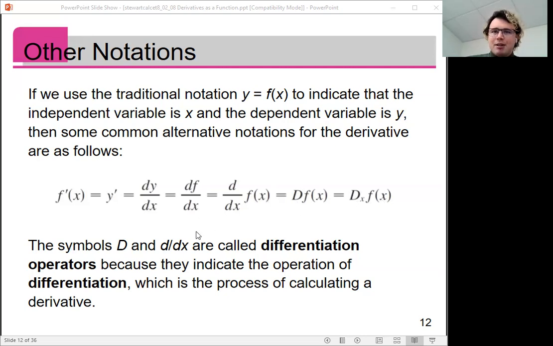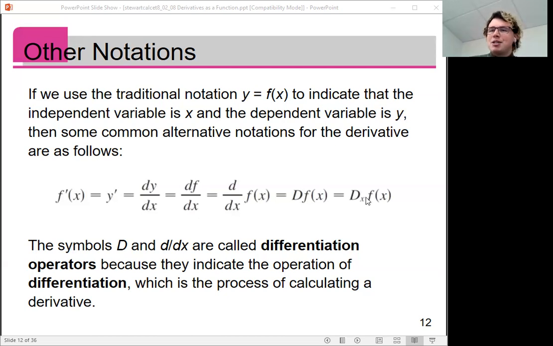The reason I like the d on dx better is because the dx tells me what variable I'm using for my function. It has to match the function that I'm giving to the operator. If I just write capital D, then that's sort of implicit.